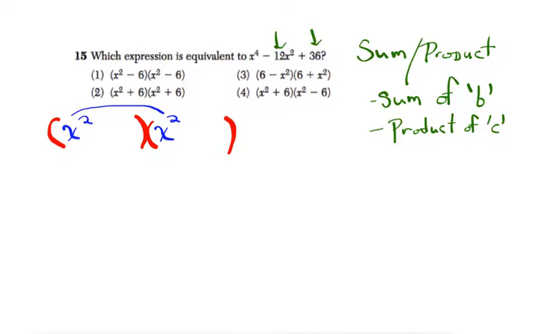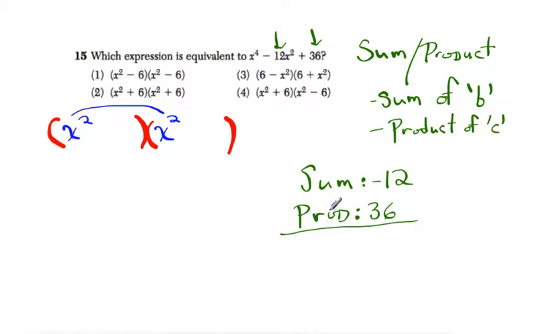And now, searching for those two numbers. Our two numbers have to have a sum of negative 12 and a product of 36. There's a few ways to go about searching for these numbers. You can be selective, and I always like to say start with the product component.